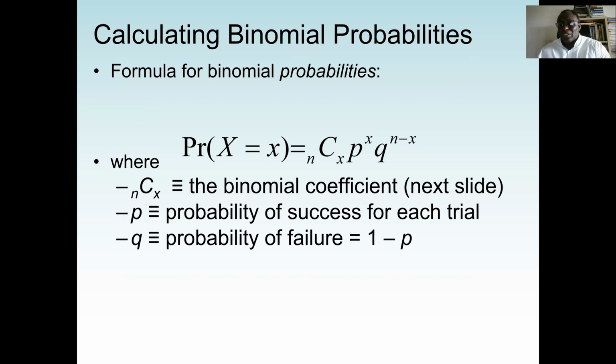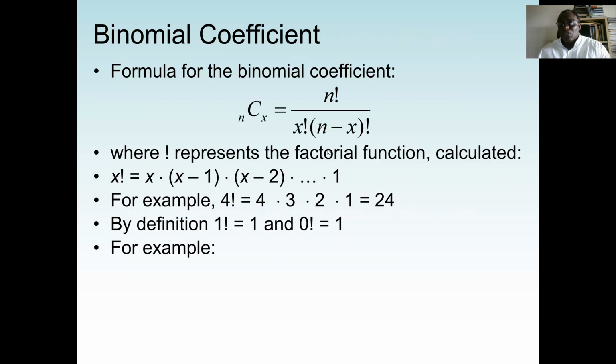The factorial of 3 will be 3 times 2 times 1. The factorial of 6 will be 6 times 5 times 4 times 3 times 2 times 1. So this is the formula again. The binomial coefficient of n and x is n factorial divided by x factorial times n minus x factorial.